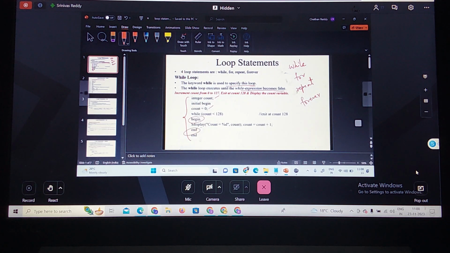Then what am I doing here? Dollar symbol display count is equal to what? Percentage. What is the argument passed? Count. Then this is nothing but incrementing the count. Count is equal to what? Count plus 1. What is the output of this program? The program is going to print the numbers from where to where? 0 to 127.